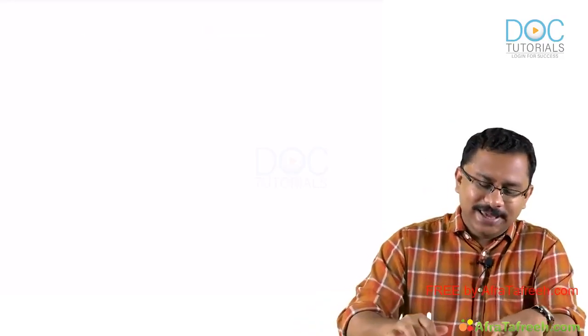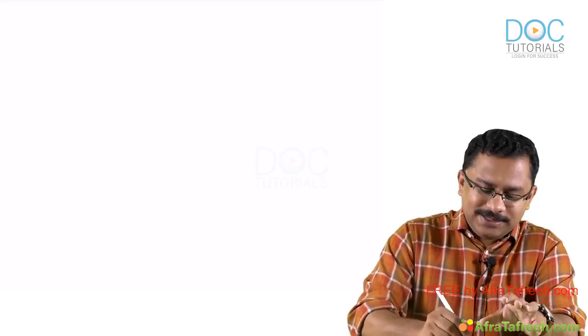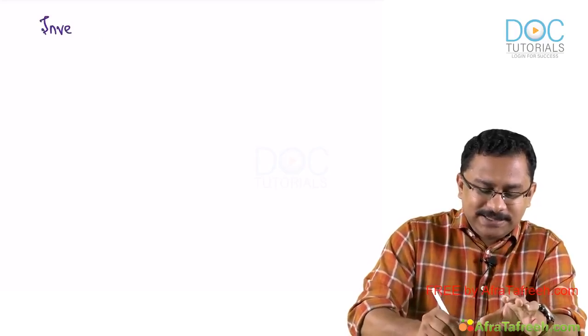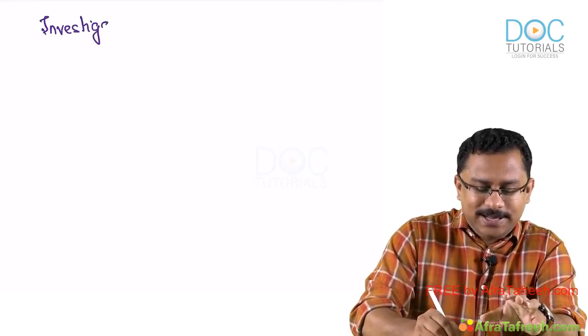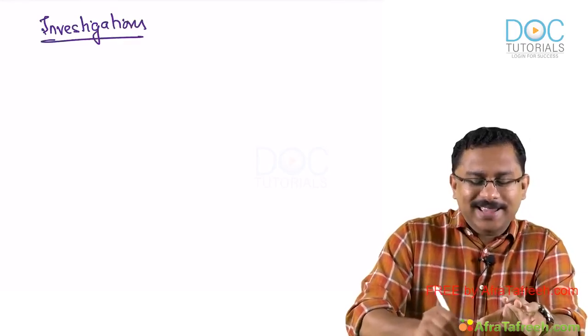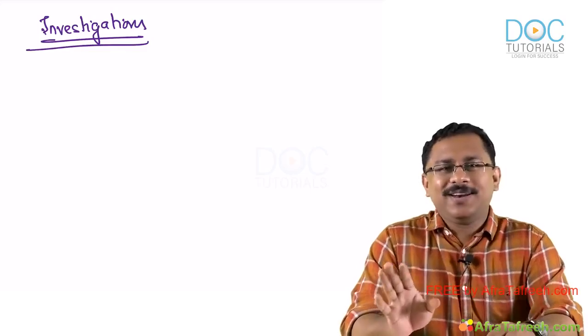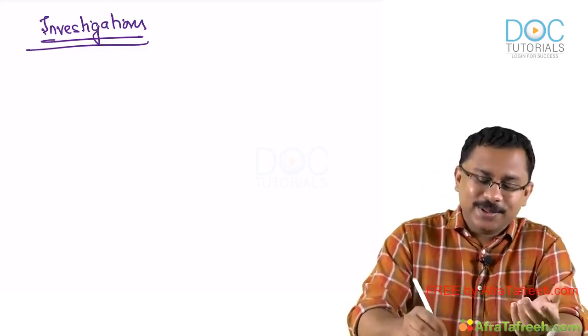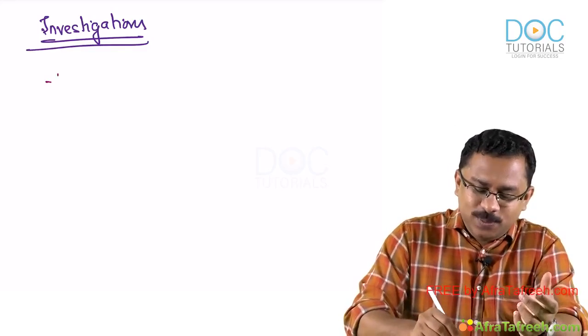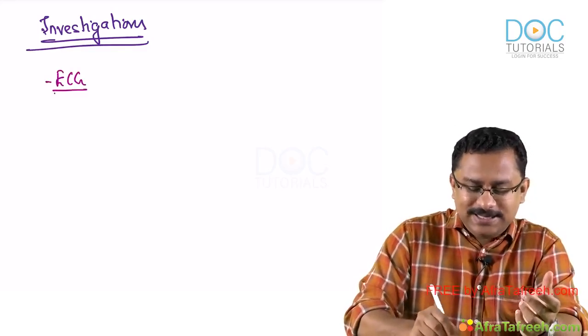Now let's come to the investigations in a patient with chronic stable angina. Naturally, as in cardiology, often the first and the most important investigation, especially with respect to chest pain, is going to be the ECG.